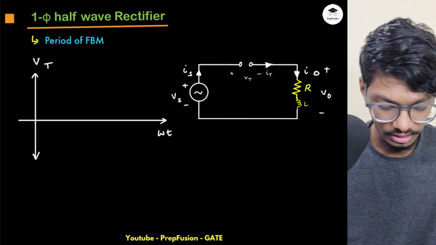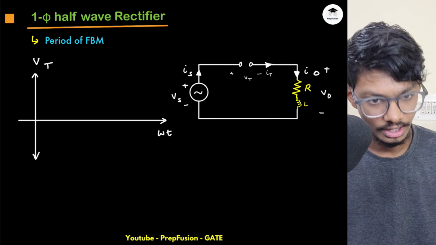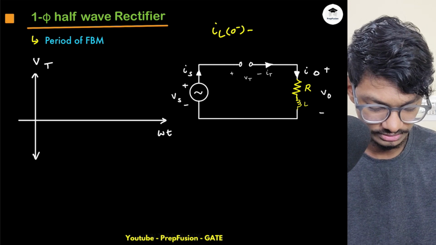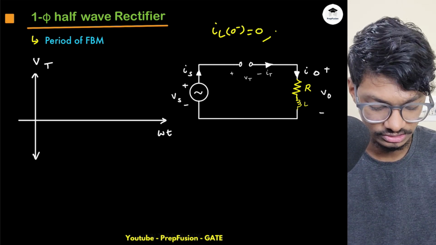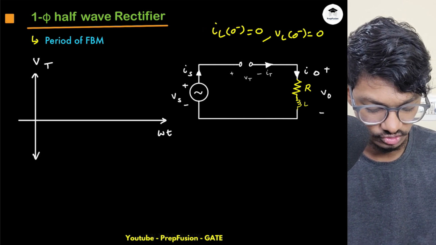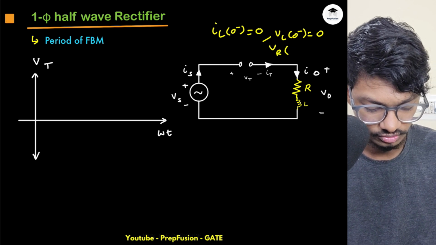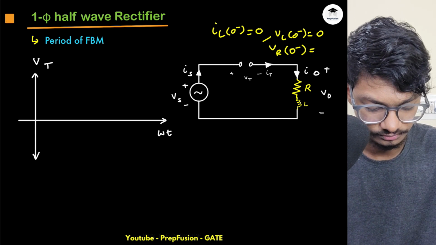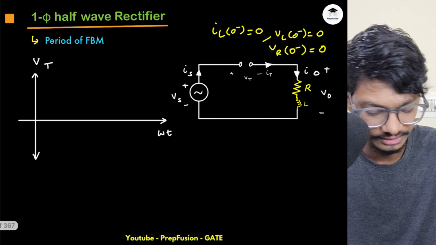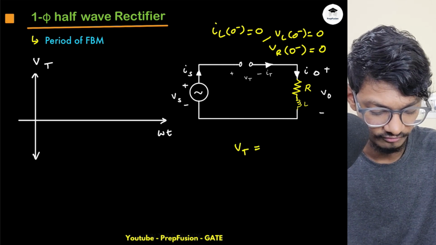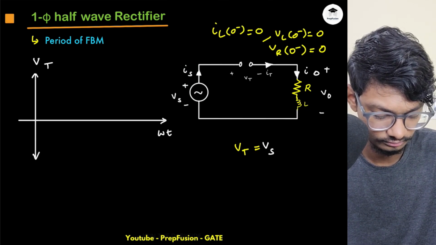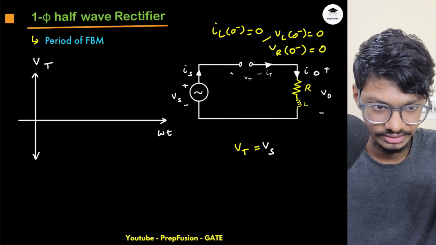Initially IL0 minus was 0, hence there is no change in initial current, so VL0 minus will also be 0, and as IL0 minus is 0, my VR0 minus will also be 0. So everything is 0 on the right hand side, so VT will simply be equal to VS.